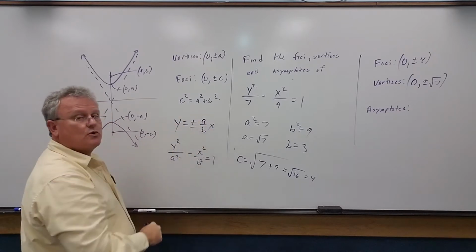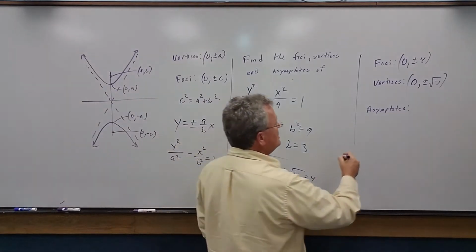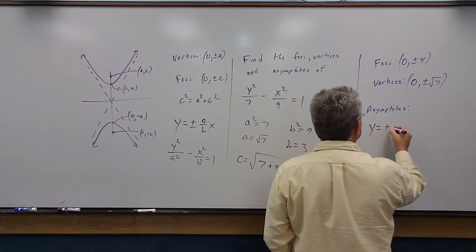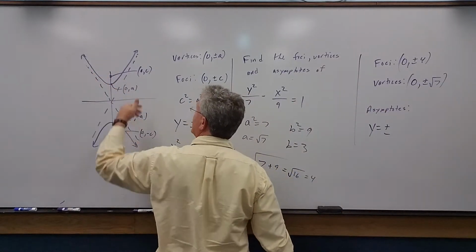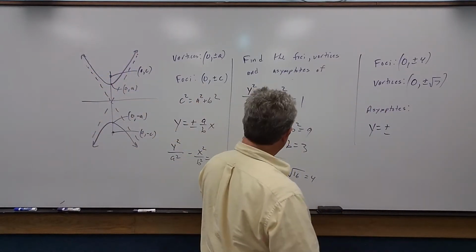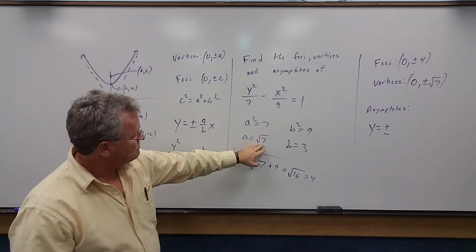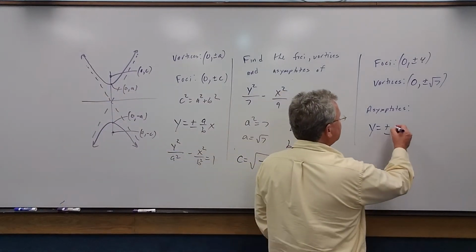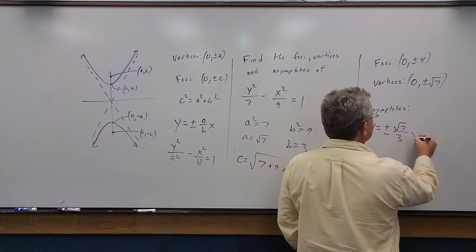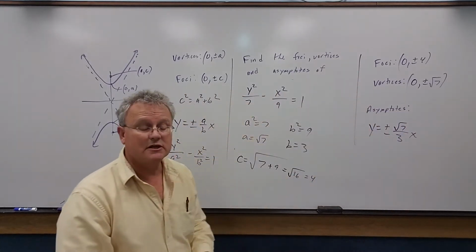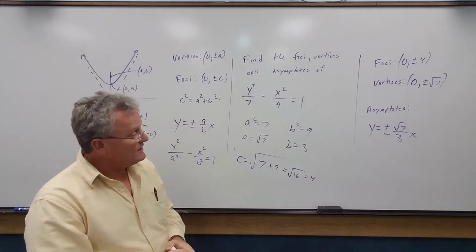So these are the equations for the asymptotes. So the equation for these two dotted lines, the asymptotes, are y equals plus and minus a over b, root 7 over 3, times x. So there's all the information we needed.